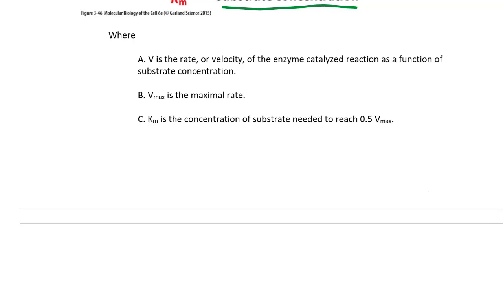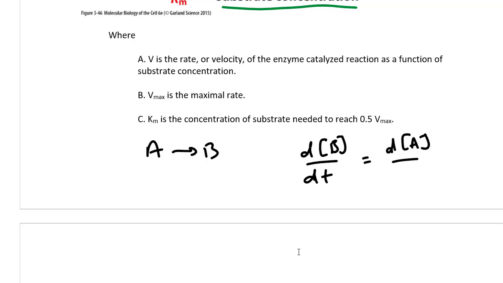For example, let's look at a reaction A goes to B. I can either measure the appearance of B as a function of time, so just the derivative, the change in B over the change in time, which should equal the change in concentration of A over time. Either one would work, and both of these are velocities. So this will give me the rate by which the reaction is proceeding.